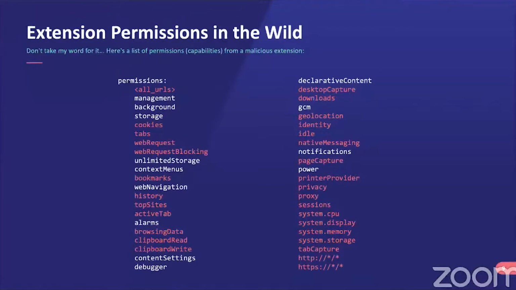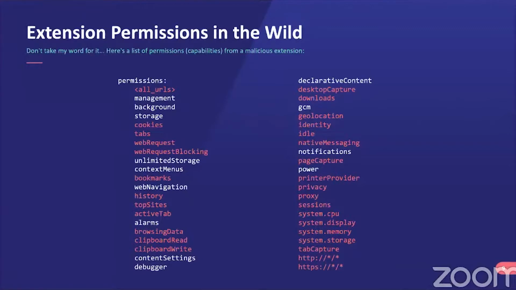Also, access to your downloads, like I mentioned before, your geolocation, your identity, and that's interesting because that allows the extension to use the Chrome Identity API, or Application Programming Interface, to get the authentication access tokens. So big potential for abuse there as well.